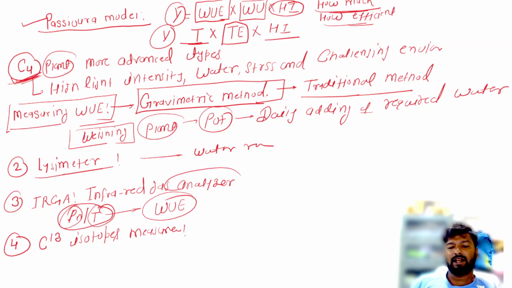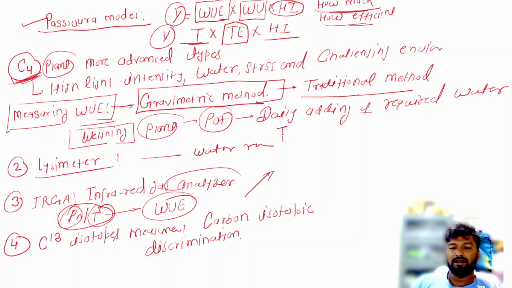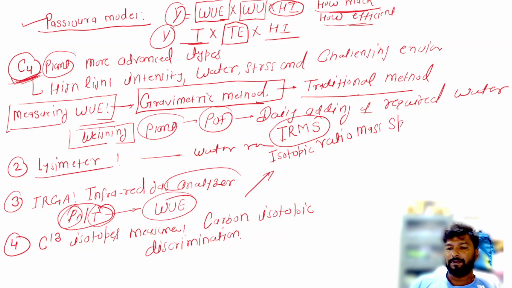Okay, that is also known as carbon isotopic discrimination, and the instrument is known as IRMS, isotopic ratio mass spectrometry.